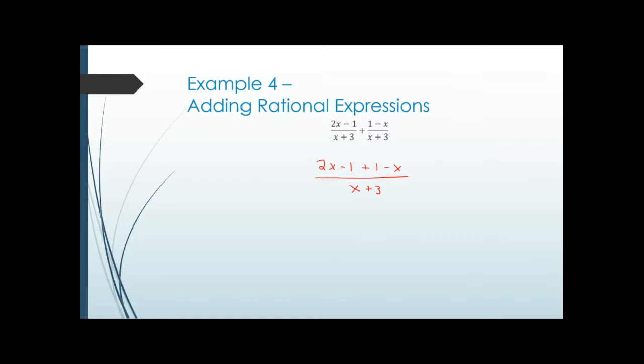Then on the numerator, the top of the fraction, you simplify. So for example, we have this minus 1 plus 1. That cancels out because minus 1 plus 1 is 0. And then I have 2x and a minus x. So 2 minus 1 is 1. So we're left with 1x over x plus 3.